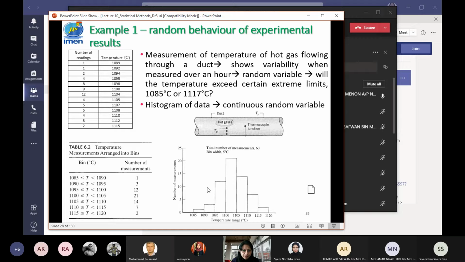Third sentence, with a mean in this range, 1100 to 1105. And the fourth or fifth sentence should go into why it's high in the middle, or why it's distributed in such a way.